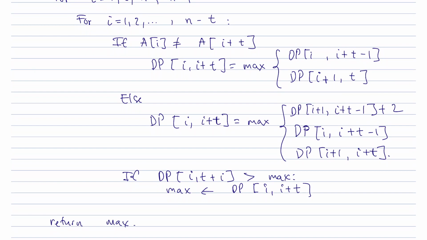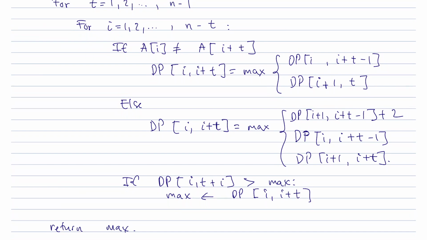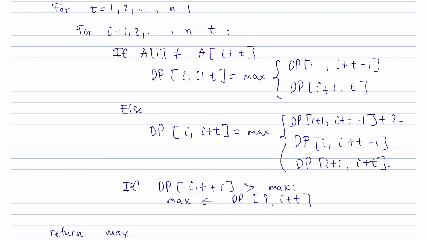Okay. So the reason this approach works is that when you compute dp[i][i+t], the way we are thinking about this problem is, we are trying to solve a subproblem of size t, that means i comma i+t, right?